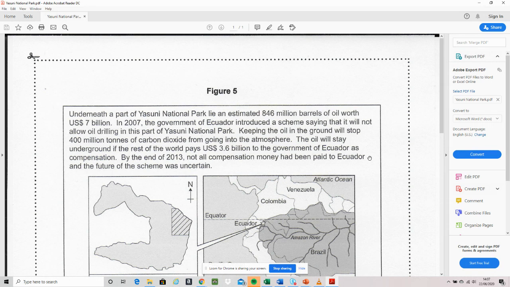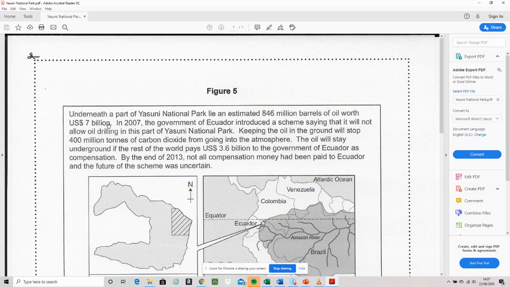as compensation. Now, bearing in mind, you could say, well, 3.6 billion compared to 7 billion, that's not such a good deal. But it would be a Western oil company, I would suspect, that would have gone into that area of Ecuador.